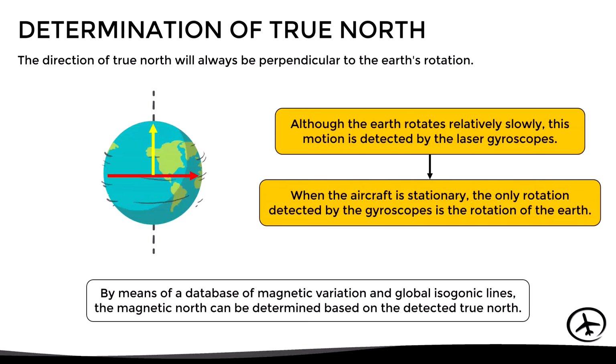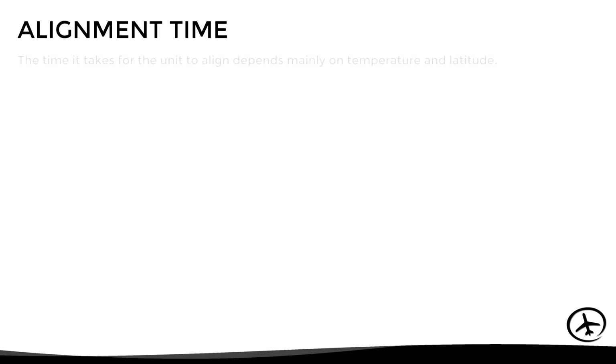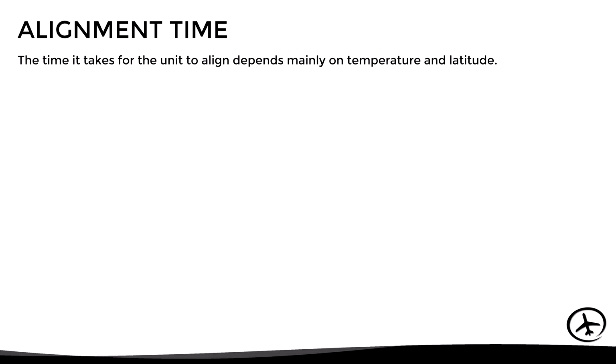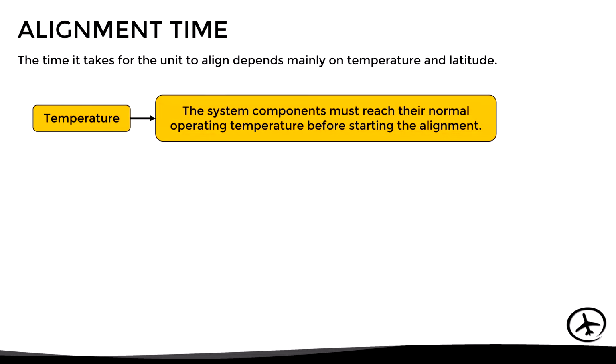Now, this alignment process takes some time, which depends mainly on the outside temperature and latitude. But let's see why. Let's start with temperature. The system components must reach their normal operating temperature before starting the alignment. Thus, the lower the outside temperature, the longer it takes for the system to warm up and start the alignment process.